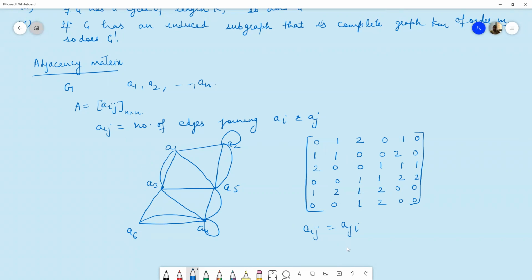And the sufficient condition for two graphs to be isomorphic to each other is that they have the same adjacency matrix. If two graphs have the same number of vertices, and there is a correspondence theta between the vertex sets such that whenever there is an edge from x to y, then there is an edge from theta x to theta y, that means their adjacency matrices should be the same.